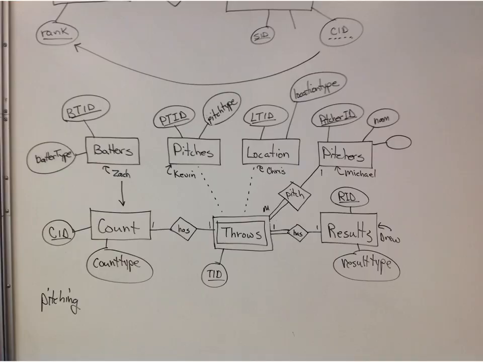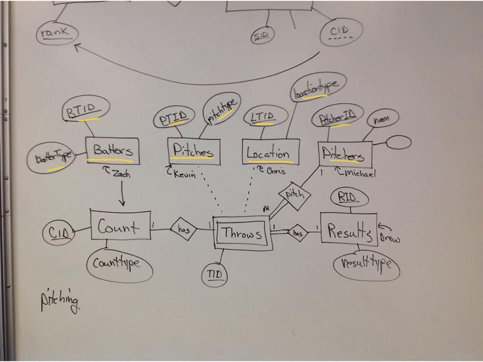Look at this diagram. This isn't complete, but let me run through this. We created a base table called batters, right, with a primary key in one of the attributes. Another base table, pitches, primary key, another attribute or field name. Location, primary key, location type.